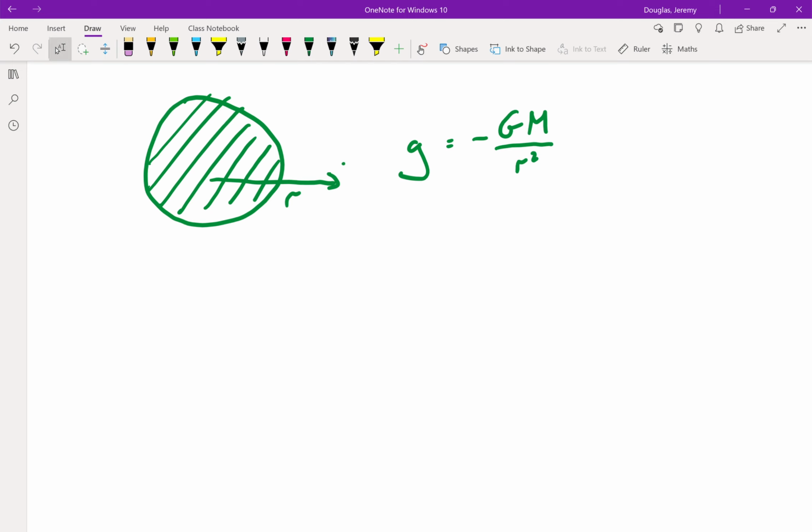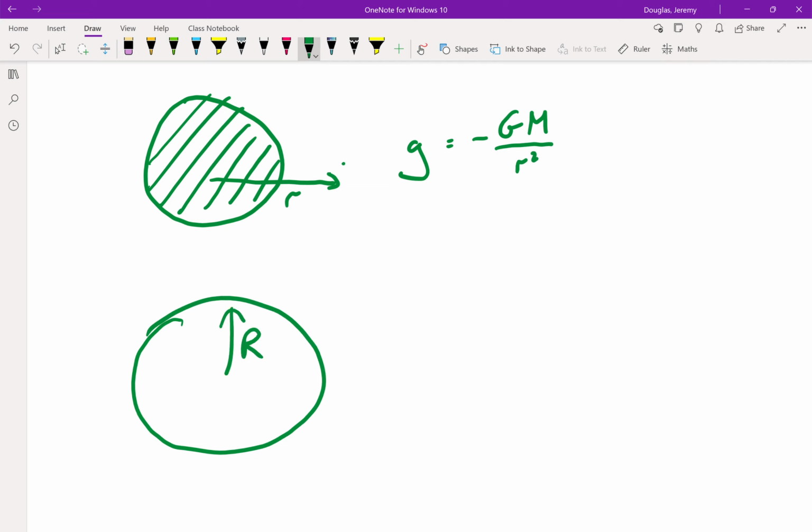Okay, we're going to make a simplifying assumption. We're going to assume that the Earth is a sphere of constant density. Let's say that big R is the radius of the Earth, and we're there, so little r is smaller than big R. So what are we going to do?